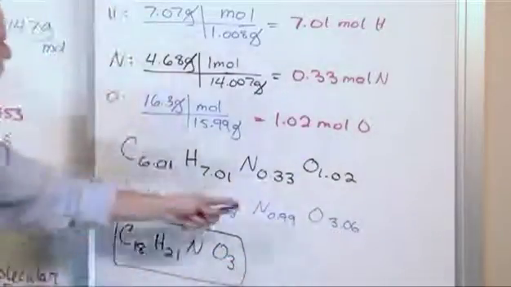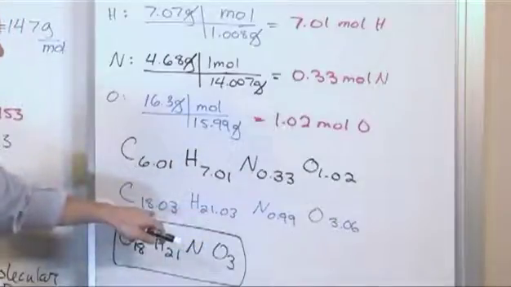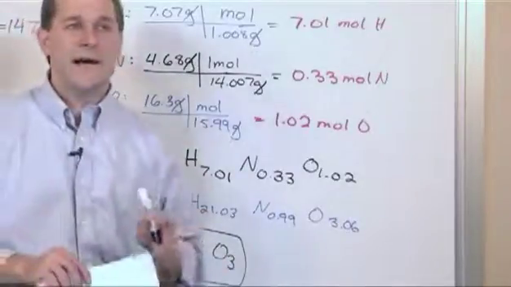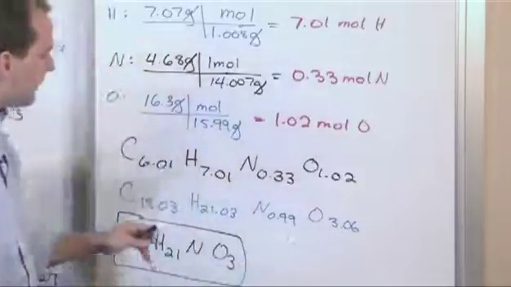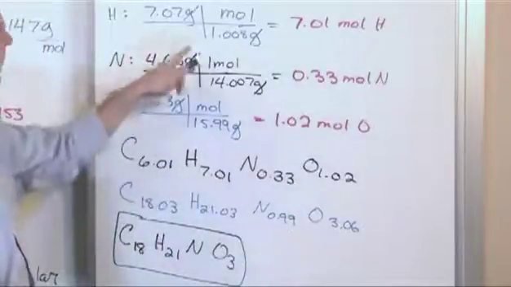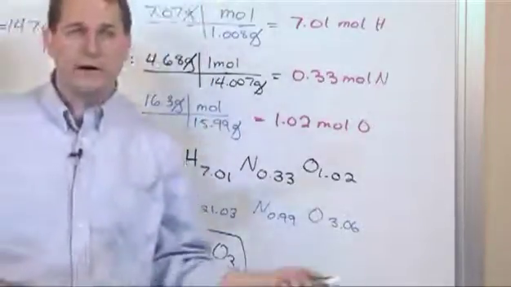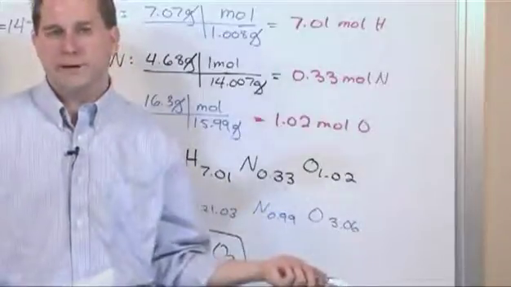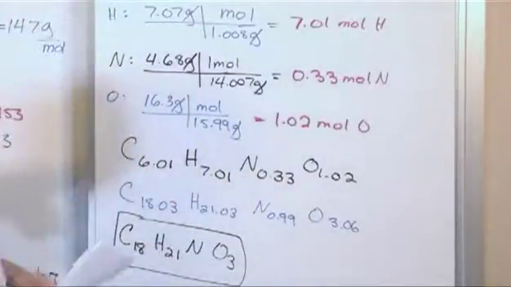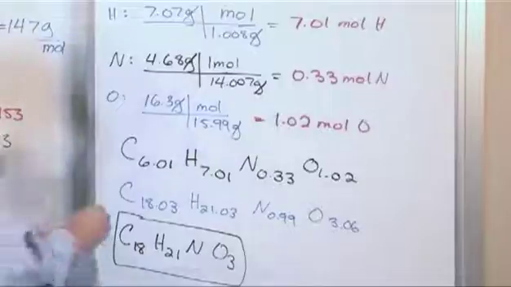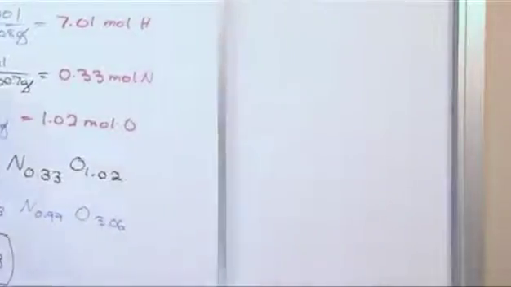Like if this came out to 18 and a half, then I made a big mistake somewhere. But 18.03, if I go back through and carry enough decimals everywhere, is going to be so close to 18 it won't matter. So that is how you do that. And that is how you find the empirical formula in real life.